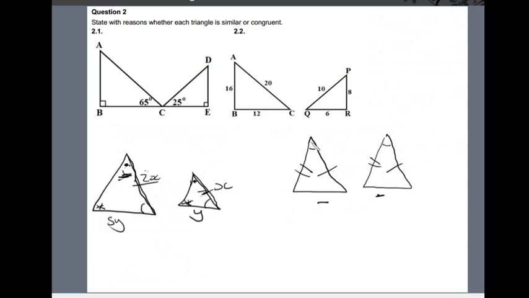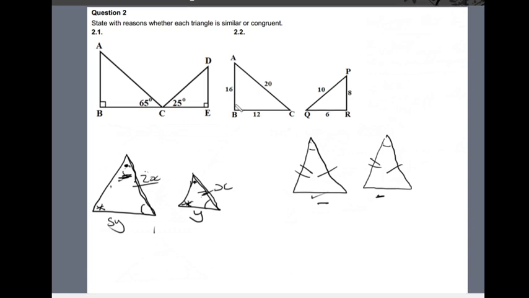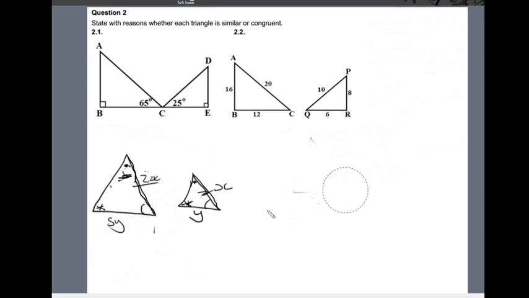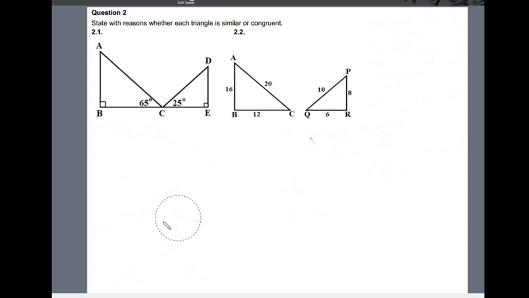Because the corresponding sides are equal and the corresponding angles are equal. But with similar triangles, the corresponding sides don't have to be equal, they just have to be in the same proportion. I hope that is clear. So now we will use those concepts, congruency and similarity.